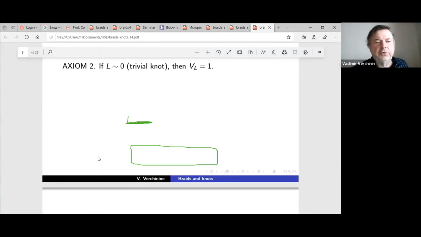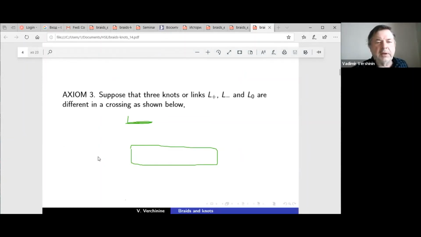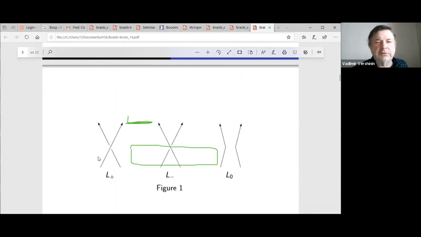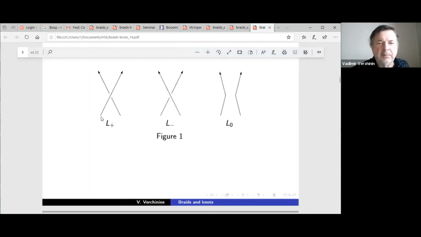And the third one, again, we are considering skein diagrams, our favorite skein diagrams, so that we have the link L plus, with the same rule, L plus, L minus, and L zero, the smoothing.